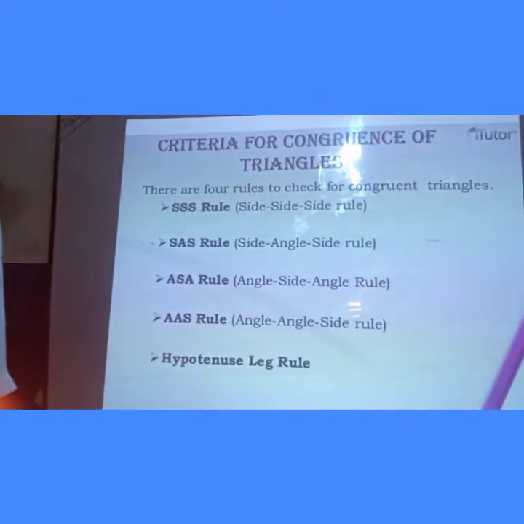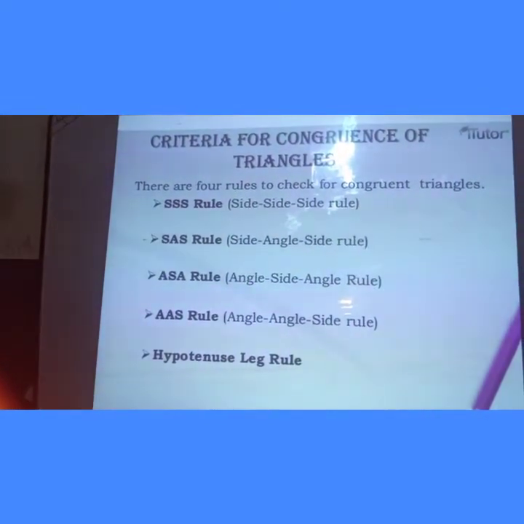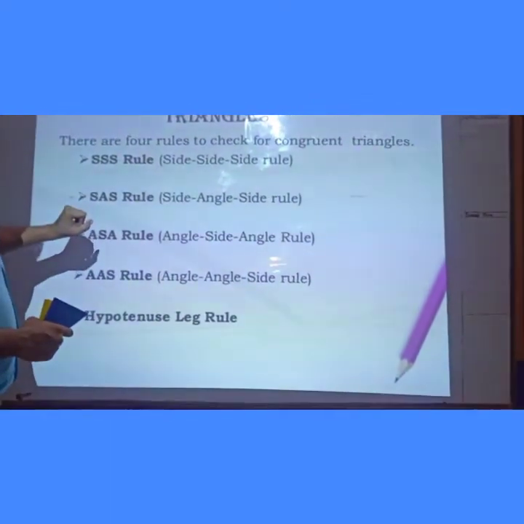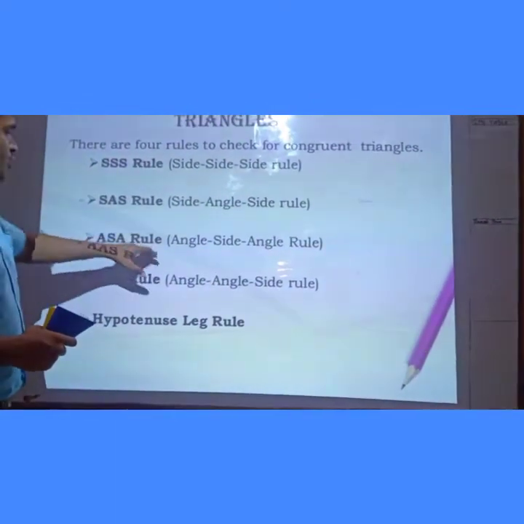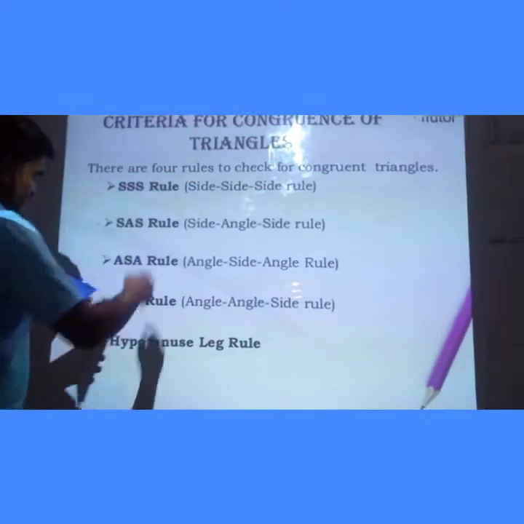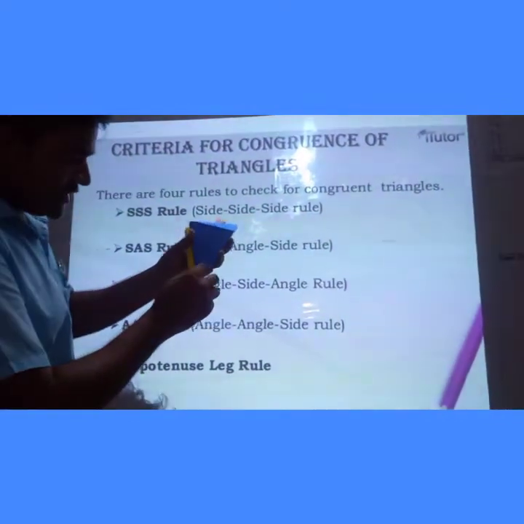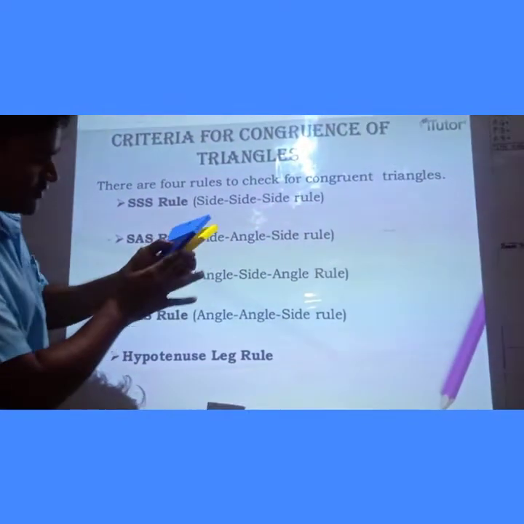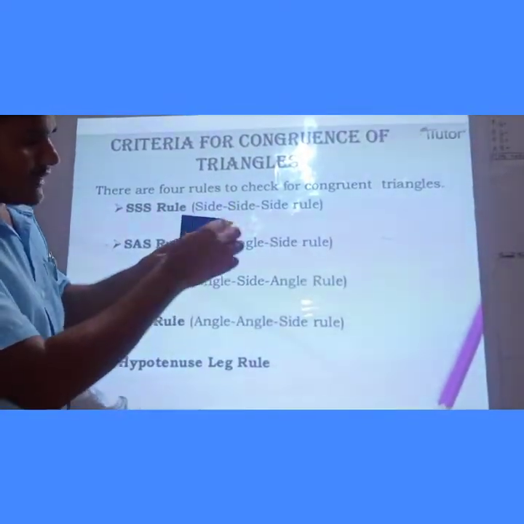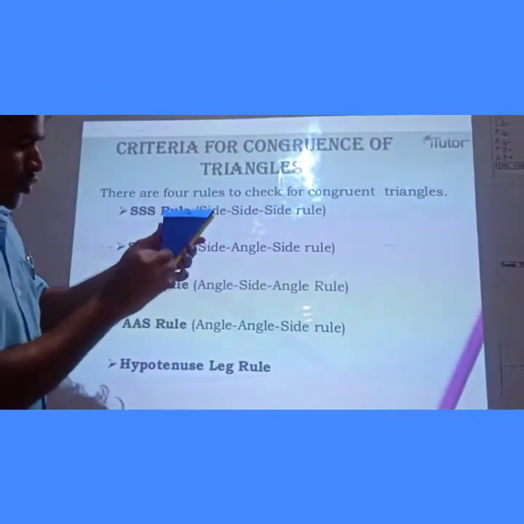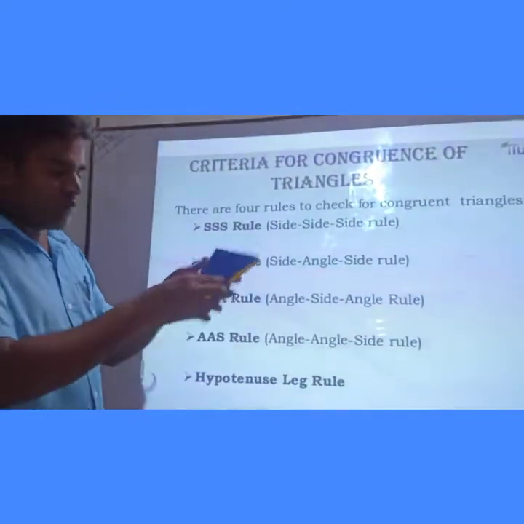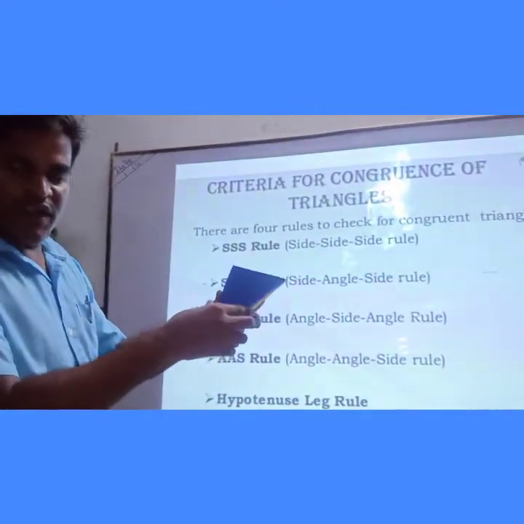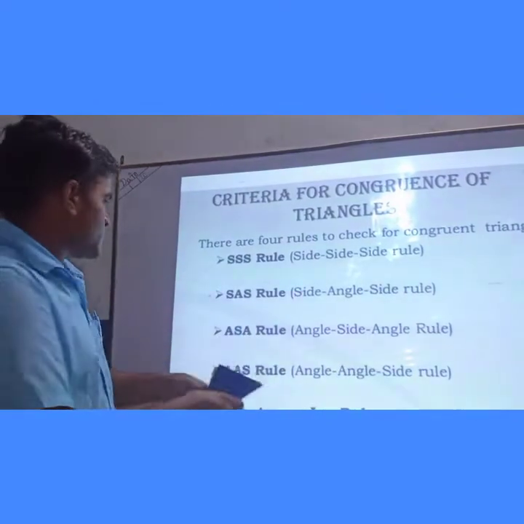For example, in the ASA rule, this angle G is equal to this angle, and this side is equal to this side, and this angle is equal to this angle, meaning two angles and one side of one triangle are equal to the corresponding sides and angles of the other triangle.